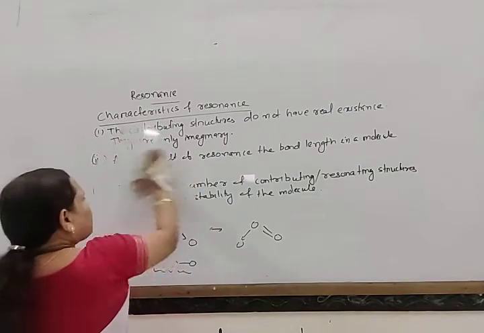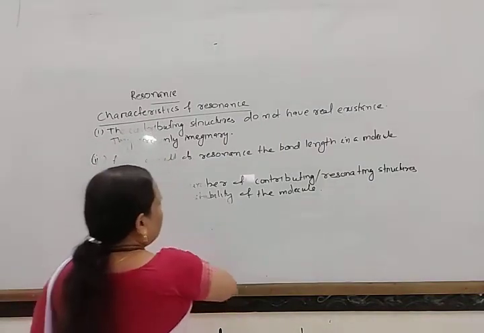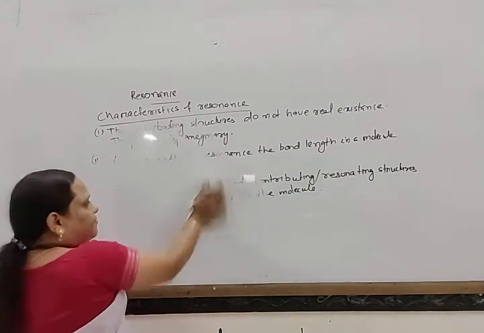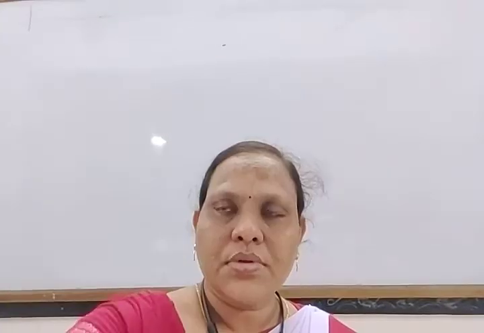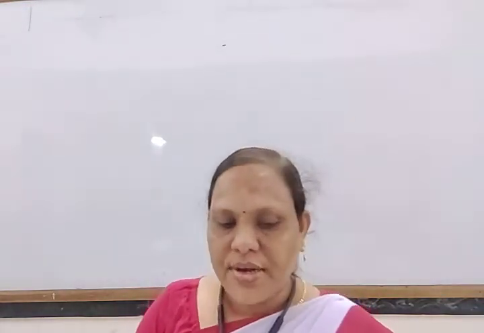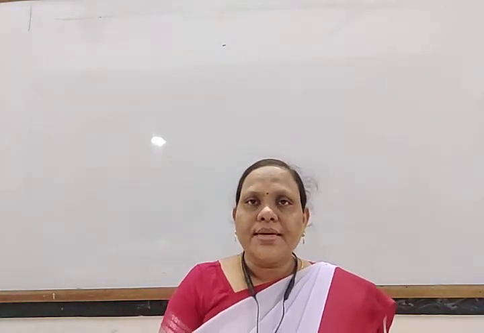Okay. Next, come to another portion of this chapter, that is polar covalent bond. In resonance there is also covalent bond. In coordinate bond there is also one type of covalent bond. Next, come to another, that is polar and non-polar covalent bond.